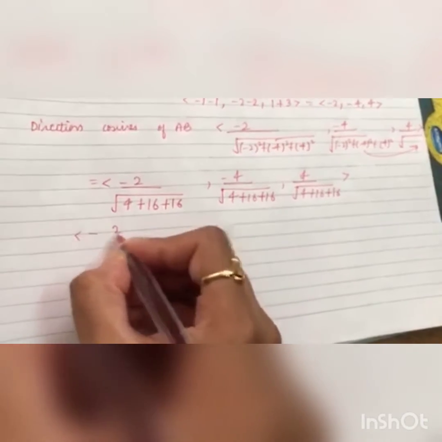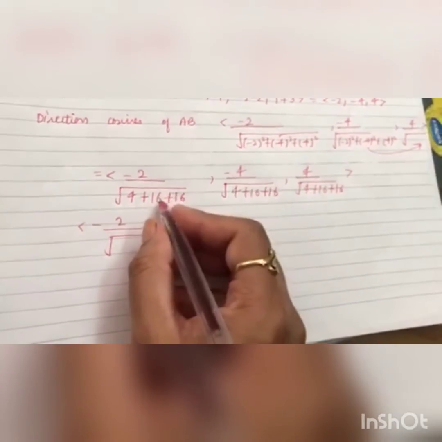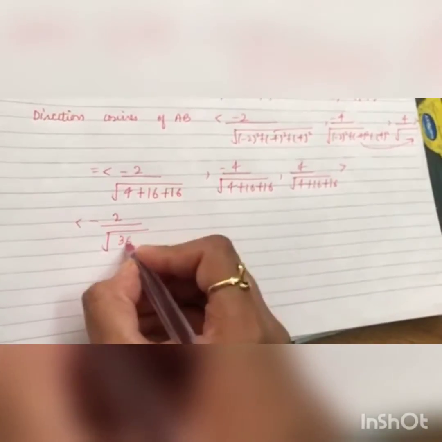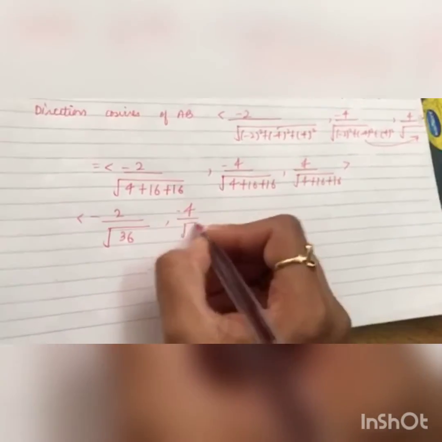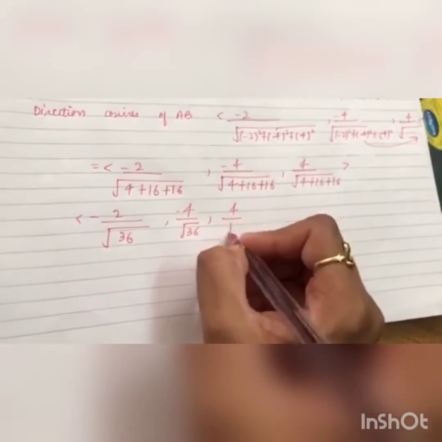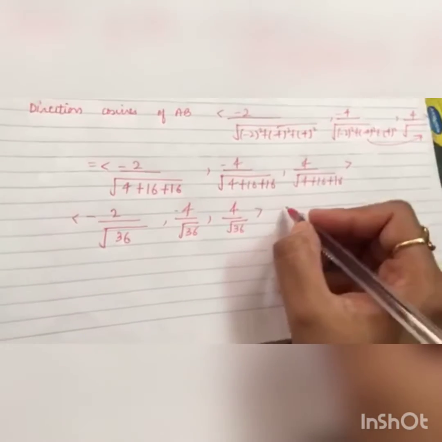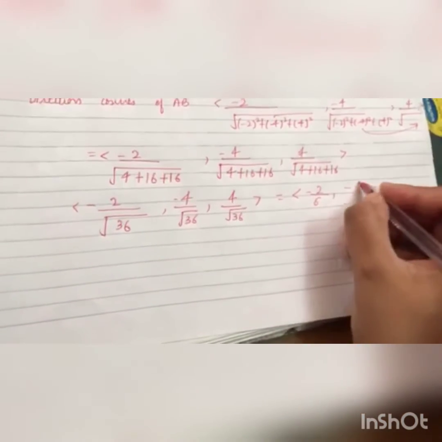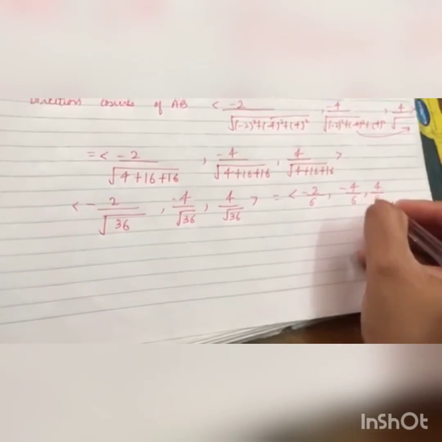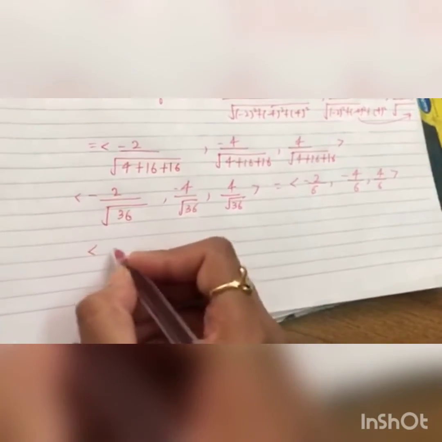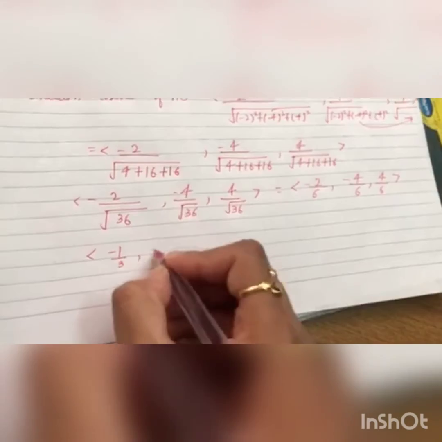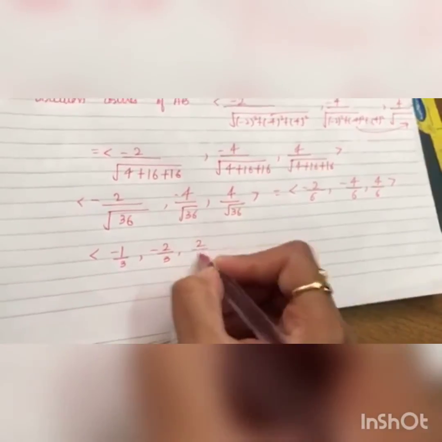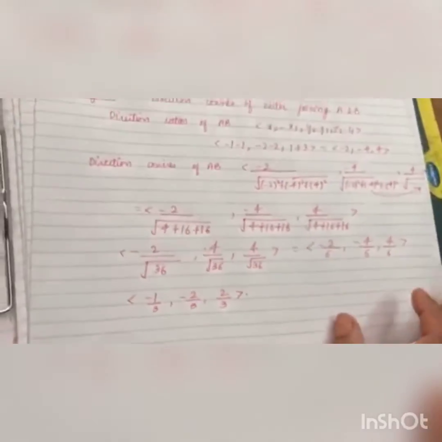So this is minus 2 upon under root of 16 plus 16, 32 plus 4, 36, minus 4 upon root 36, 4 upon root 36, and root 36 is 6. That means minus 2 upon 6, minus 4 upon 6, 4 upon 6. So after simplifying, this will be minus 1 by 3, minus 2 by 3, and plus 2 by 3.